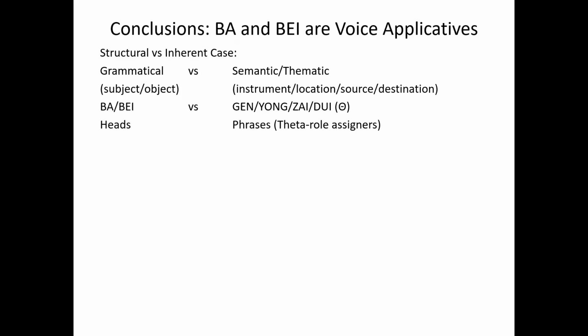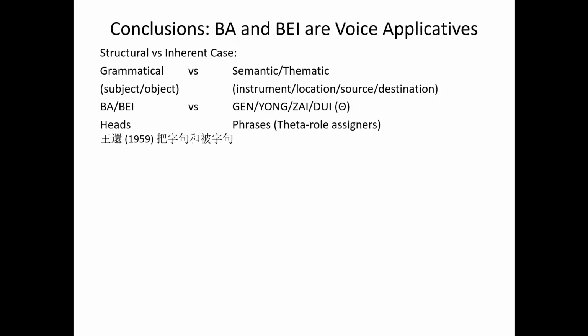They assign theta roles to their objects, and as such, they form phrases, as we saw on the first slide. But Ba and Bei do not assign theta roles to the noun that comes after them, and so they seem to be heads rather than phrases.